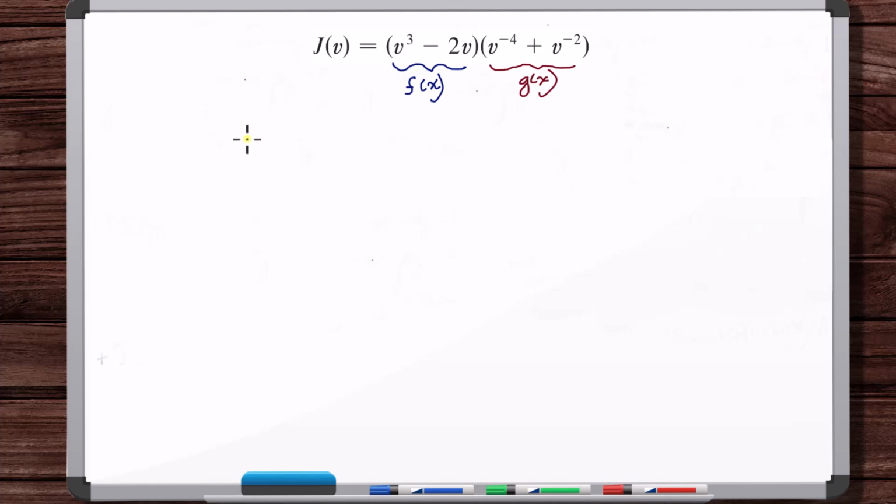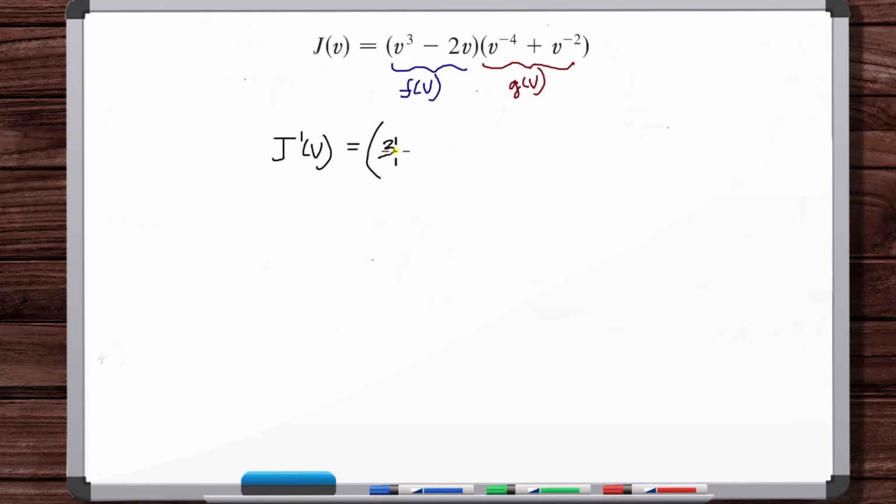Oh no, sorry, f of v and g of v, not x. Okay. j prime of v. What is the derivative of f of v, this first function?